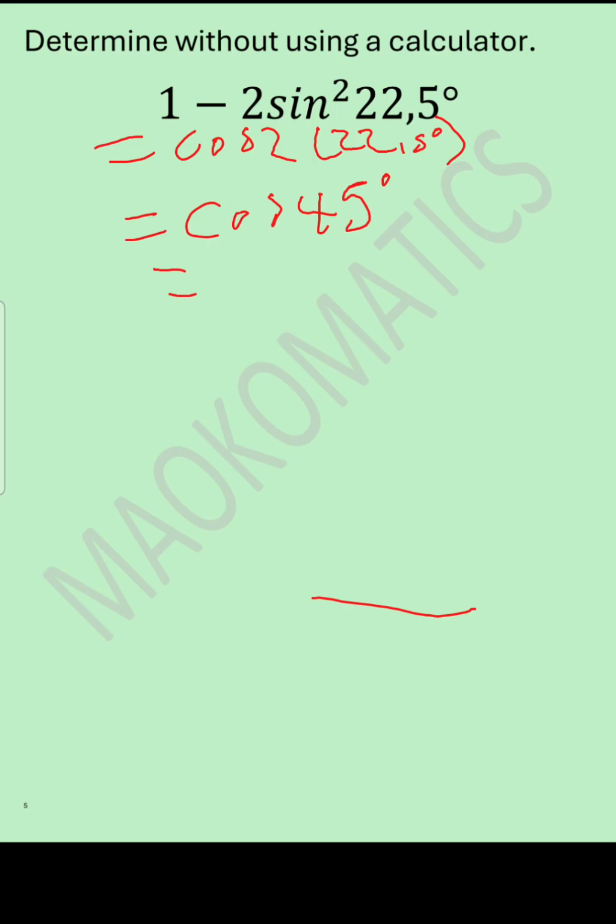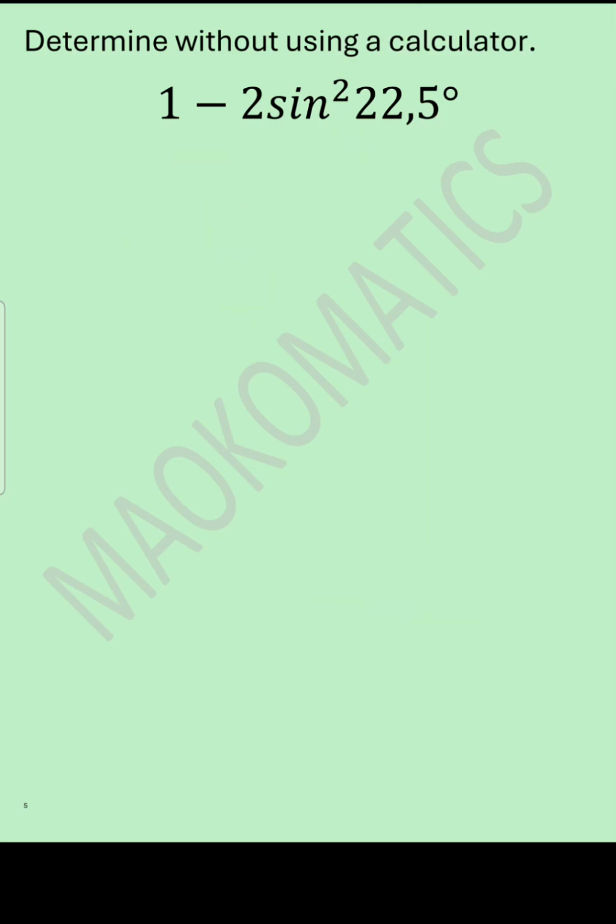Then cos 45 in our calculator gives us root 2 over 2. And that's how that one is simplified.